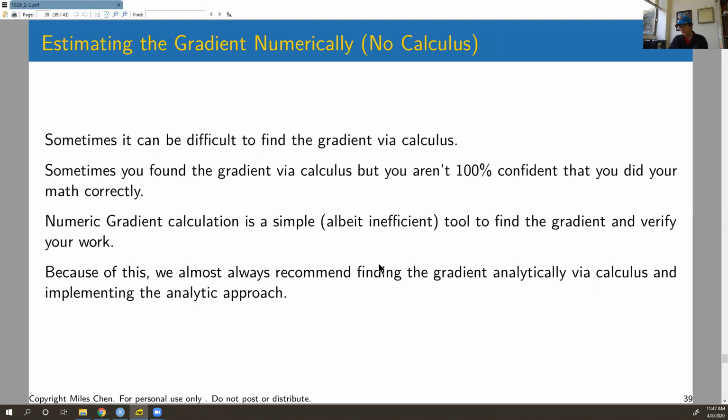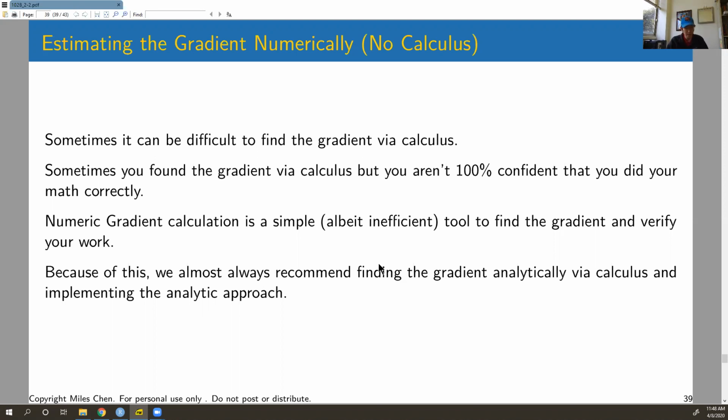Okay. All right. The last bit I need to cover is estimating the gradient numerically. We've been using some vector calculus or partial derivatives to figure out what our gradients are.